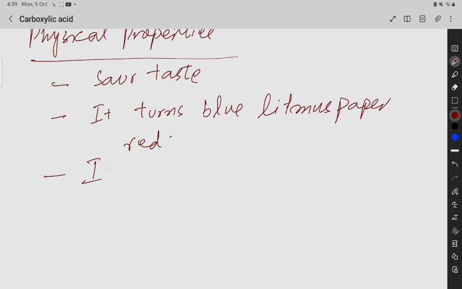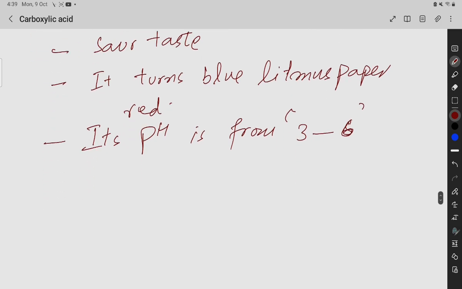Or its pH is, weak acid is from 3 to 5, 3 to 6. Okay, yes. This is the pH of acid.